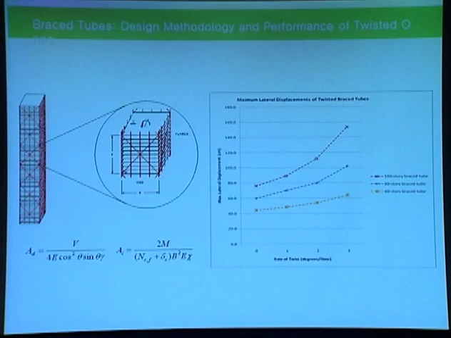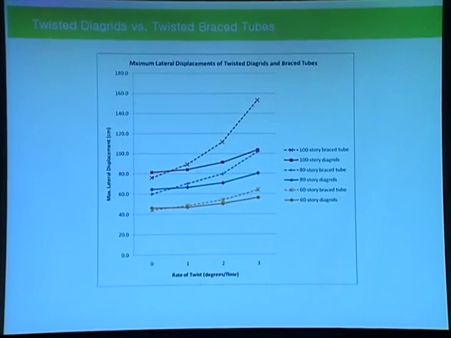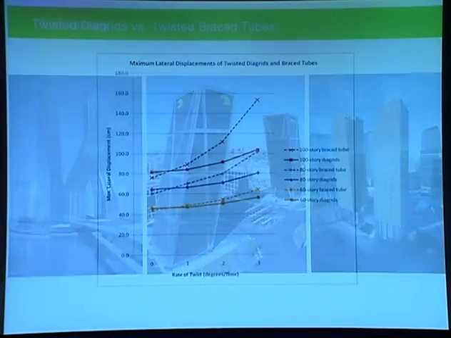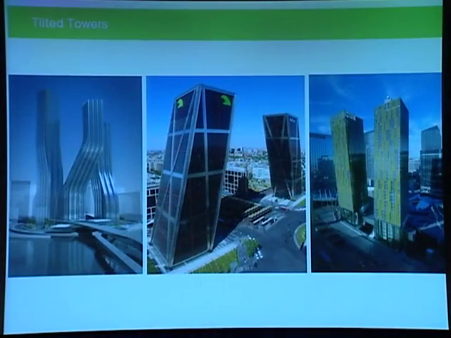And then in terms of building height, 60, 80, and 100-story buildings. If I put diagrid and brace tubes together, you can see the similarities and differences.